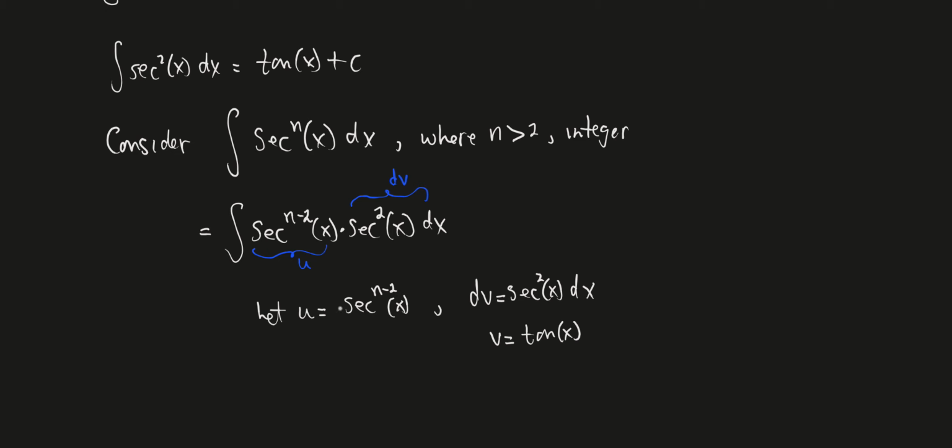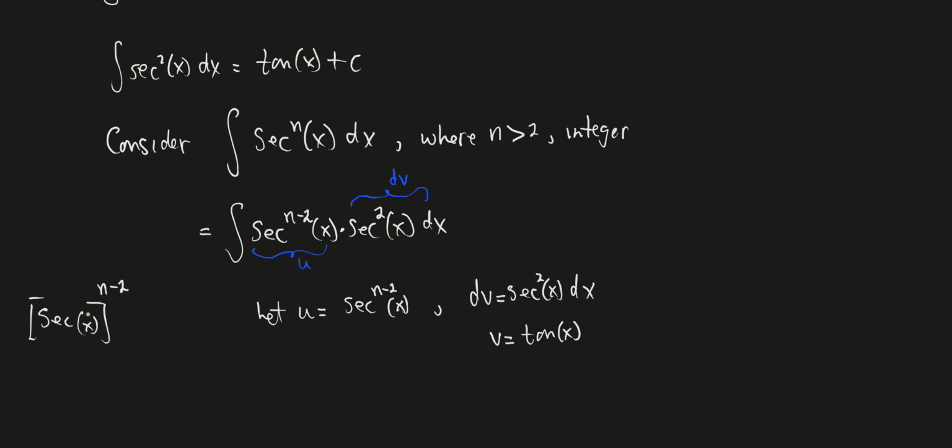For du here, we're going to have to use our power rule along with our chain rule, because we have a nice positive exponent right there. So this is actually saying secant of x raised to the power n minus 2. So we can see that the chain rule is in effect.